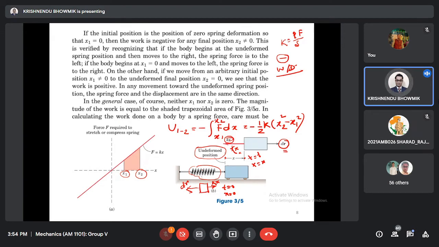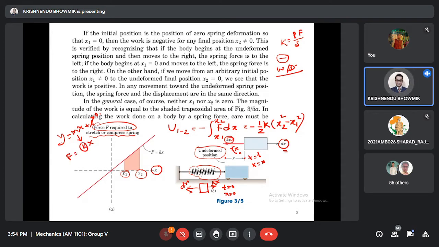Now if somebody writes that this is the x direction and this is the force required to stretch or compress the spring, the relationship is just like y equal to mx, where c equal to 0, a straight line. This m represents the stiffness k, this is x, and y represents f.